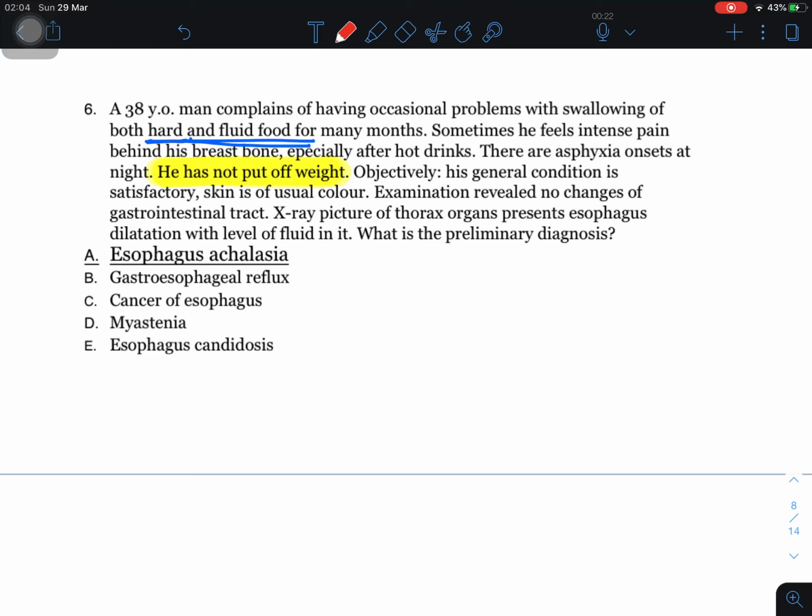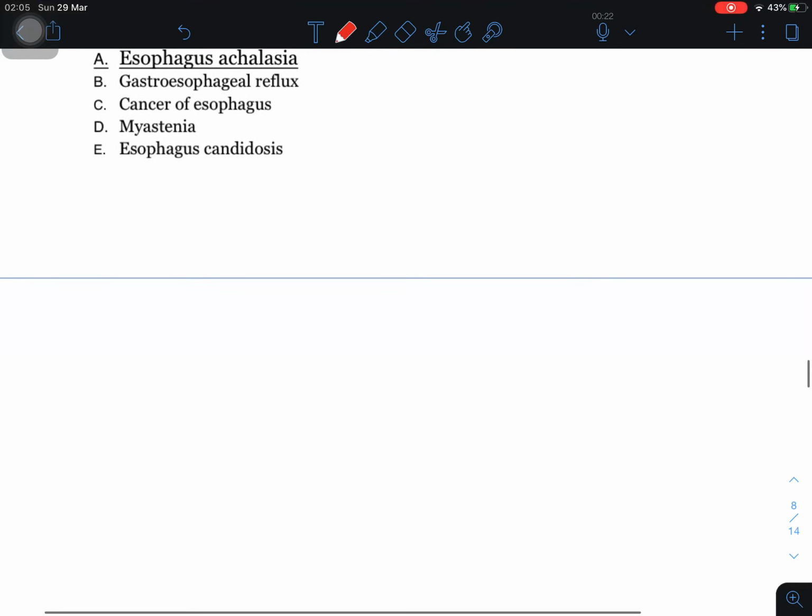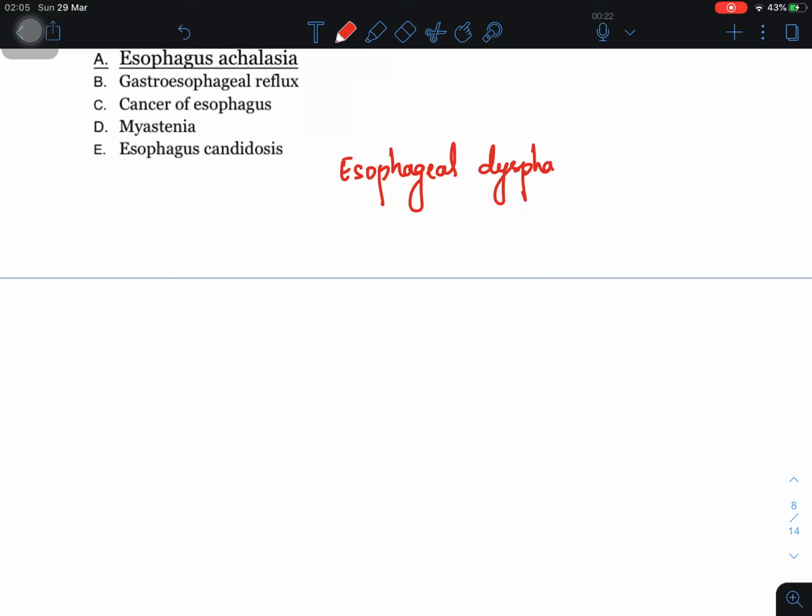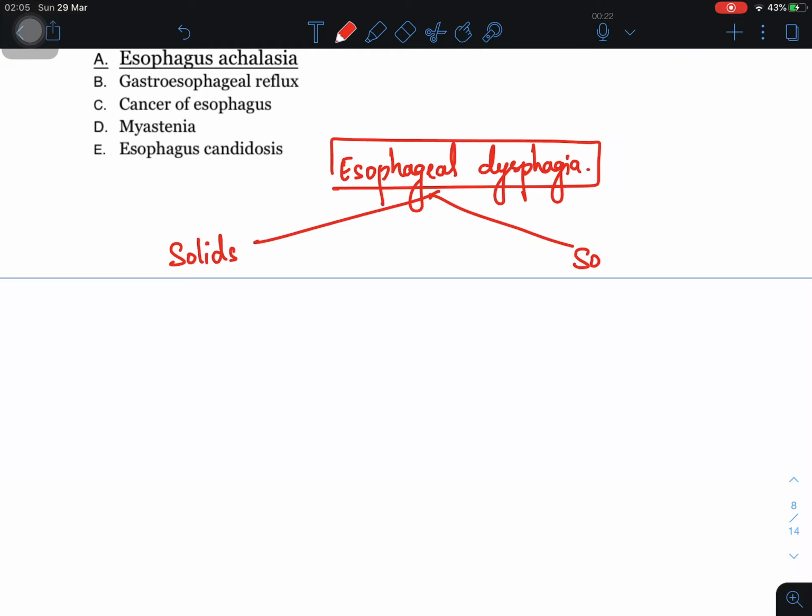You know, basically if someone is not able to take either solid food or liquid food, if he is not able to ingest, then you need to classify it under a condition called esophageal dysphagia. Patients with esophageal dysphagia, sometimes patients cannot eat only solid foods, sometimes patient cannot eat both solid food as well as liquid food.